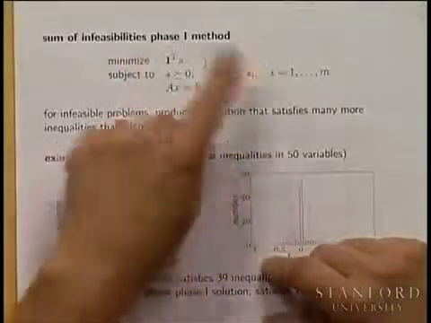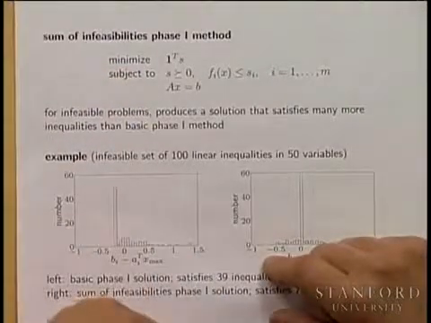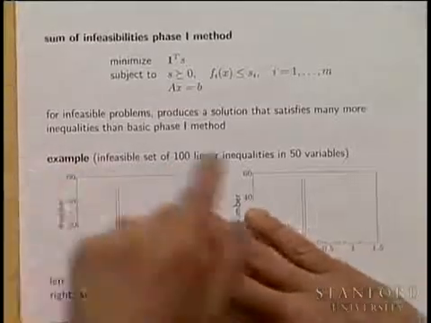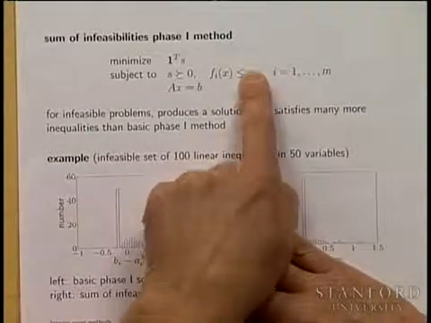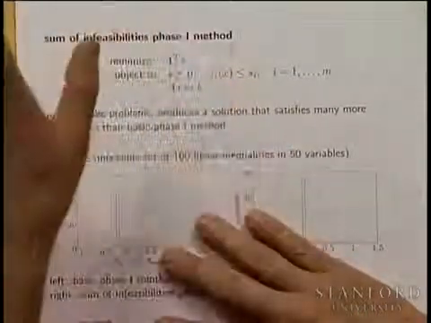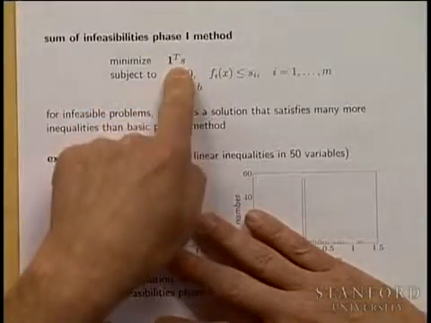By the way, if you've seen this before, this is the beginning of the story on the support vector machine. Actually, it's the beginning of the story on a lot of things. So what you do is this. Everybody gets their own little slack. If this slack is 0, it means that inequality is satisfied. And you want to minimize the sum of these infeasibilities.